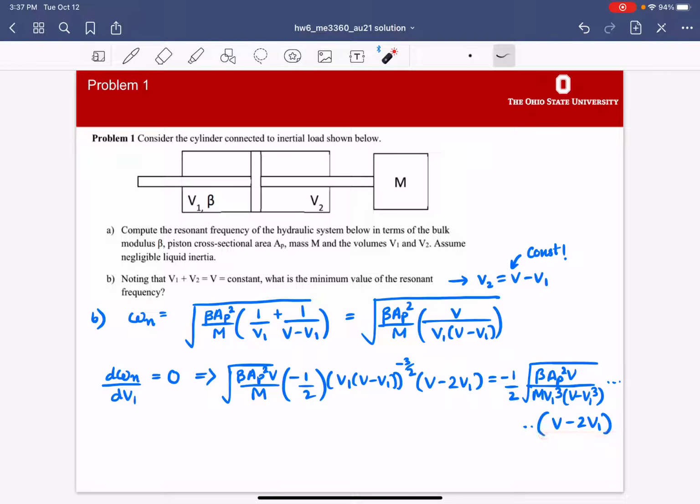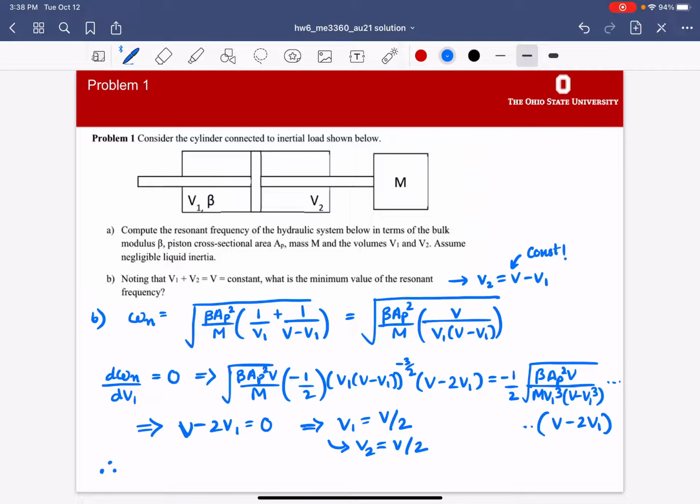So we would have V minus 2V1 equal to 0, implying that V1 is nothing but V by 2. So we plug in the term for V1, and this also implies that V2 is equal to V by 2.